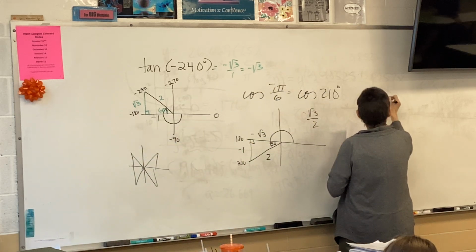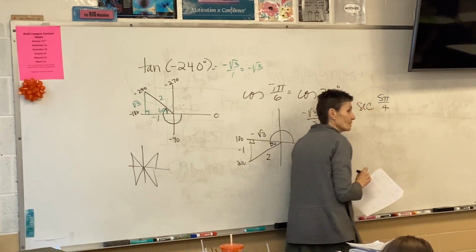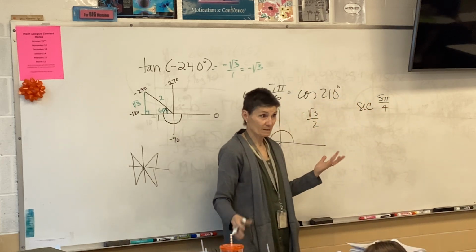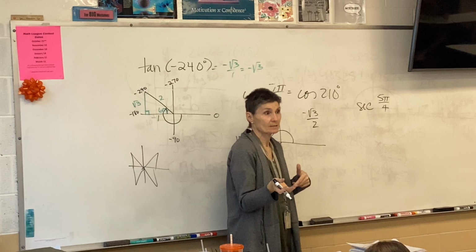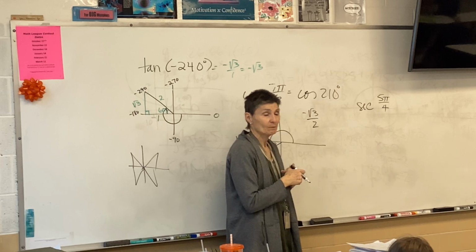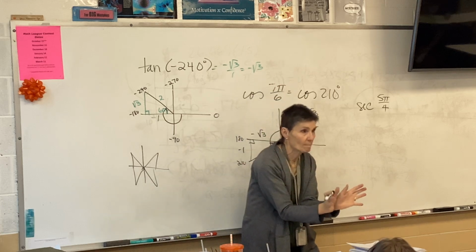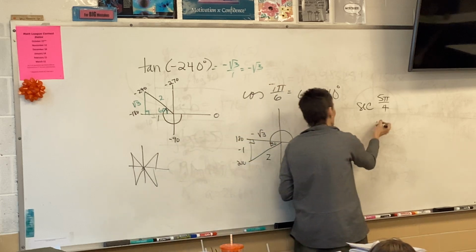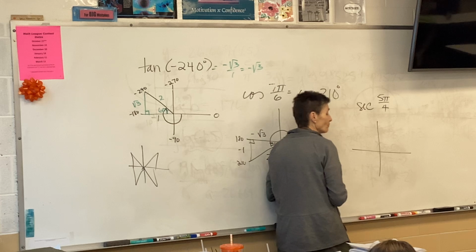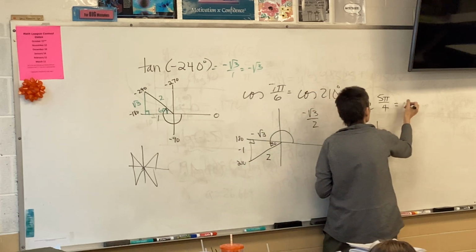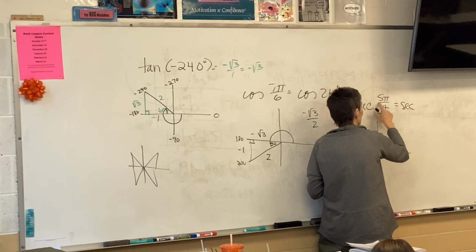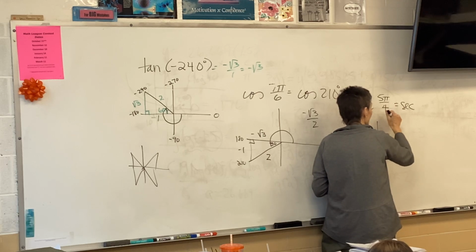Secant, 5 pi over 4. Alright, this is not going to be a 30, because the denominator's 6. Anybody have an idea? 45. This is going to be some form of a 45. Alright, well, where is the angle? 5 pi over 4 is 5 times 180 divided by 4.